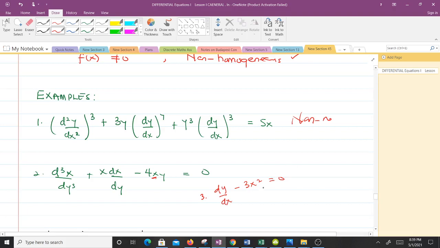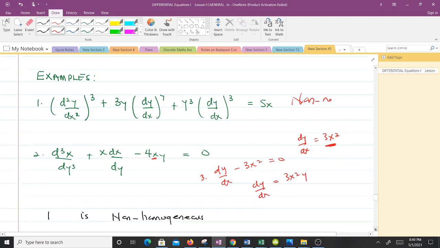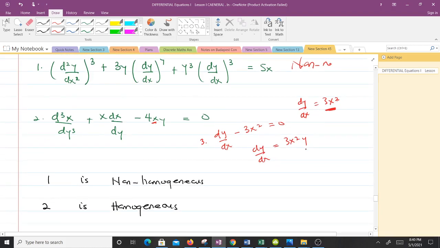Because this here can be written as dy/dx equals 3x squared. And you can see that it doesn't contain the dependent variable here. So it makes this the non-homogeneous term. So this here is non-homogeneous. But if we have something of this form, dy/dx equals maybe 3x squared y, this here is homogeneous because of the y here.